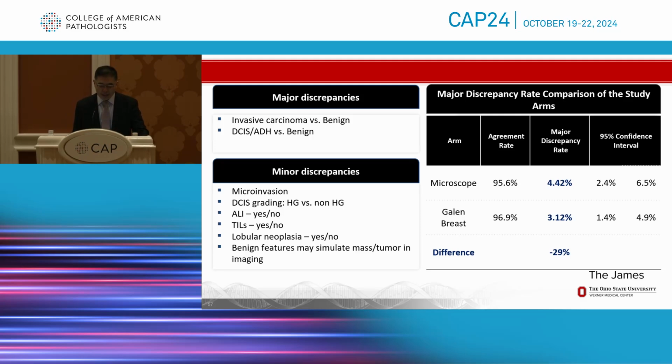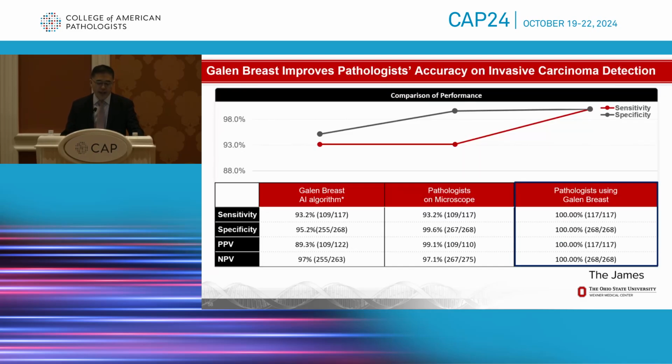As you can see on the right, for the microscopic arm, there were about 4% major discrepancies, but by using AI alone, without any pathologist review, there were only 3% major discrepancies. Then if you have the pathologist look at the AI annotated image shown here, the final result actually achieved 100% for every single metric here: sensitivity, specificity, PPV, and NPV.